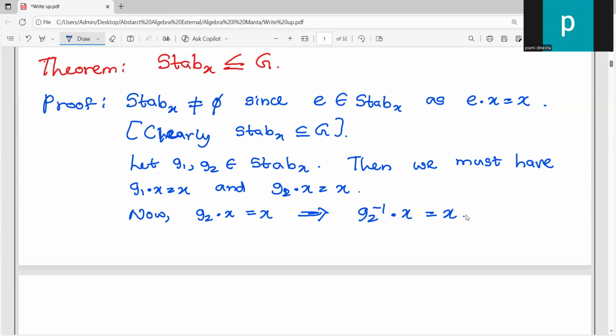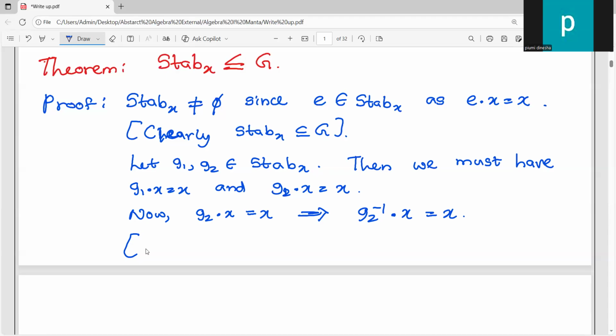Why do we have this to be true? g2 inverse dot x is equal to x. What we can do to see that, now observe, we have taken the two elements g1, g2 from this set to use the subgroup criterion.